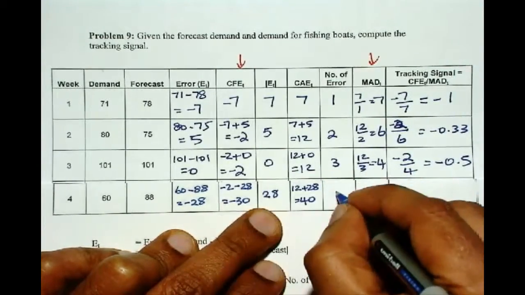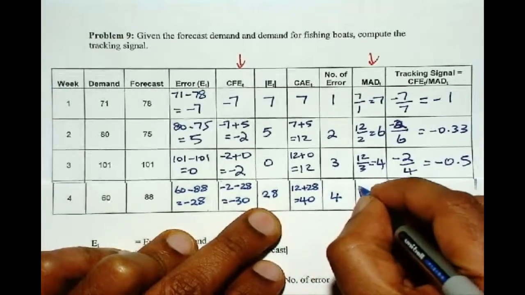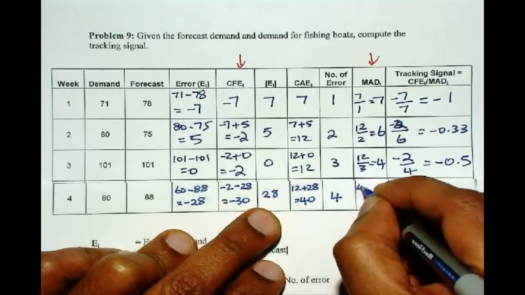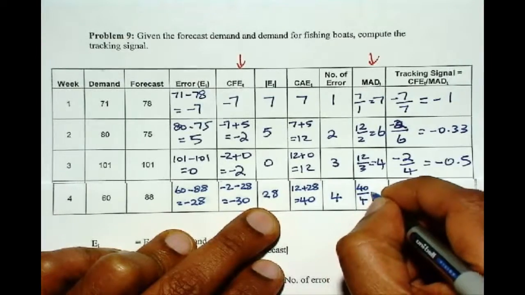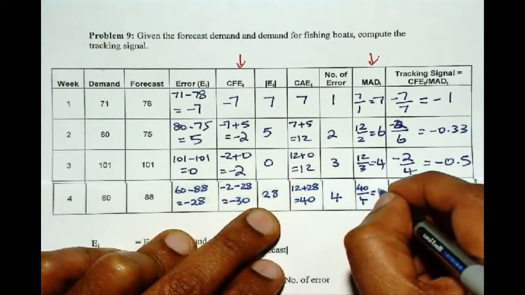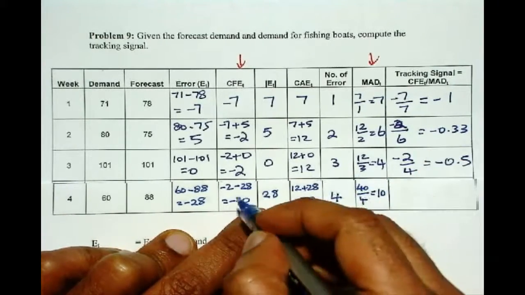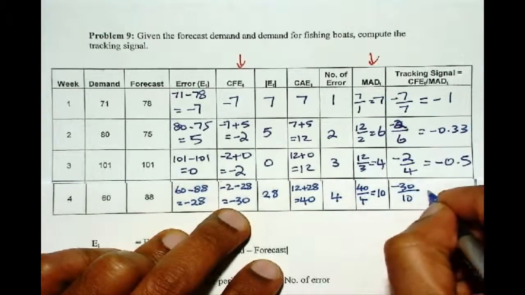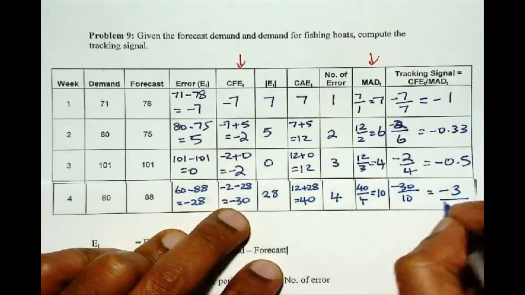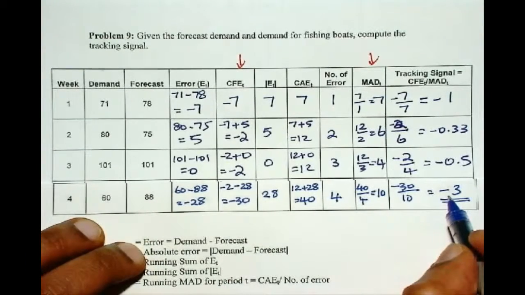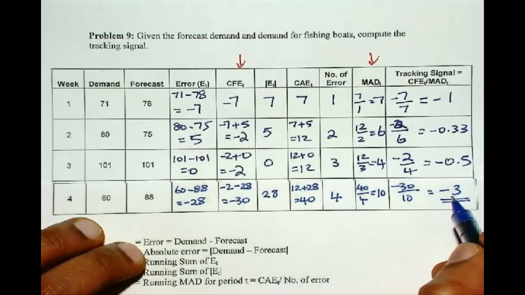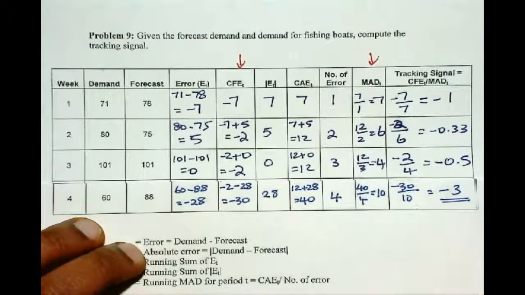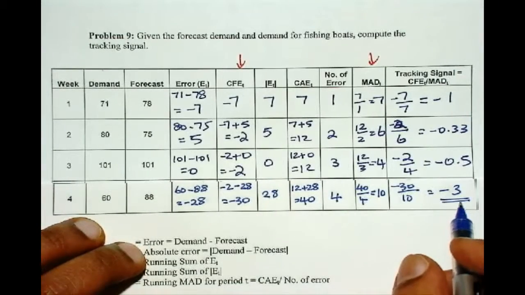The number of errors now is 4. So MAD for week 4 is 40 over 4 equal to 10. The tracking signal is minus 30 over 10 equal to minus 3. If you have plus or minus 2 or even plus or minus 3, this would indicate that there is a problem with the forecasting. So intervention is then necessary.